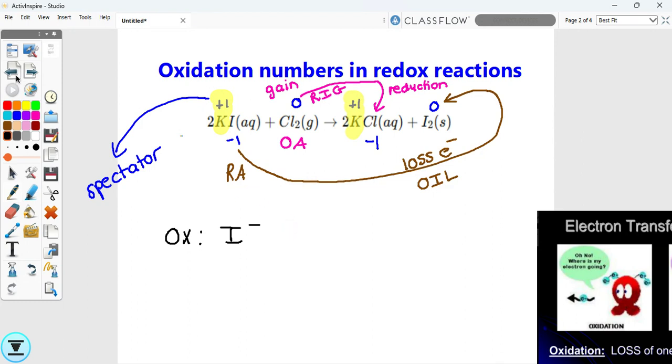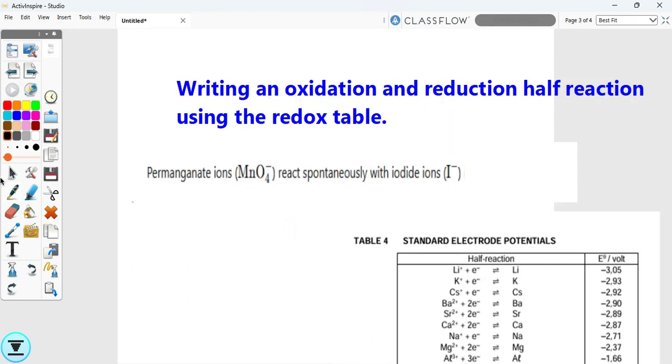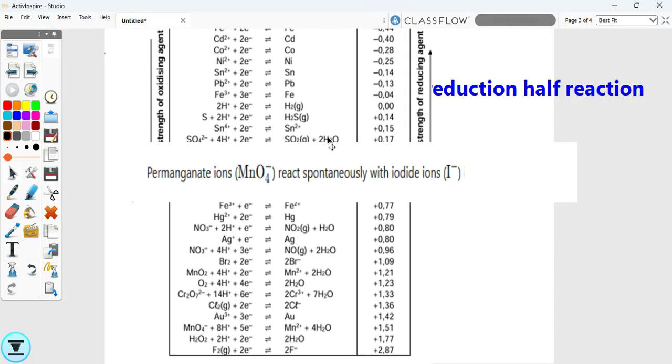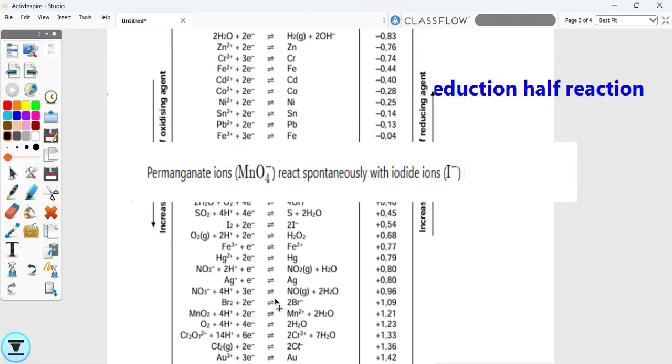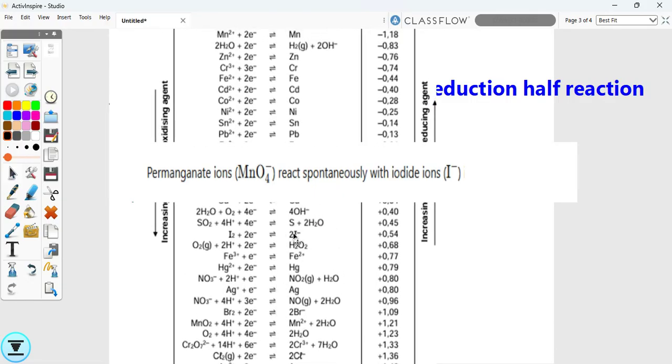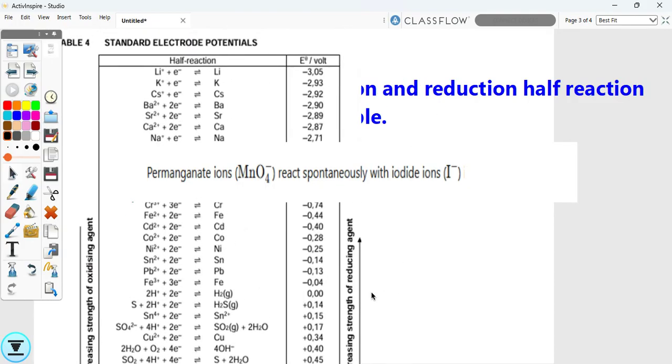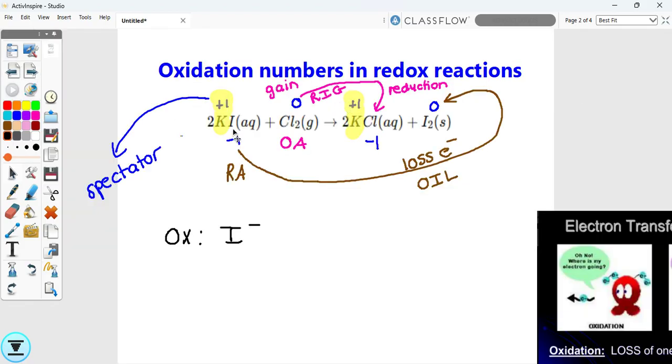Let me just show you on the table quickly. Your table even tells you here that I is on the right hand side. Sometimes your biggest job is to find them. There's I. So it can only go this way, but the table even tells you here that it's the reducing agent. So you can double check. Did we say?